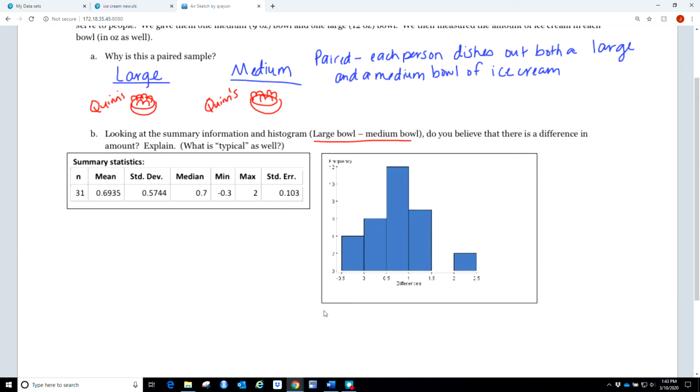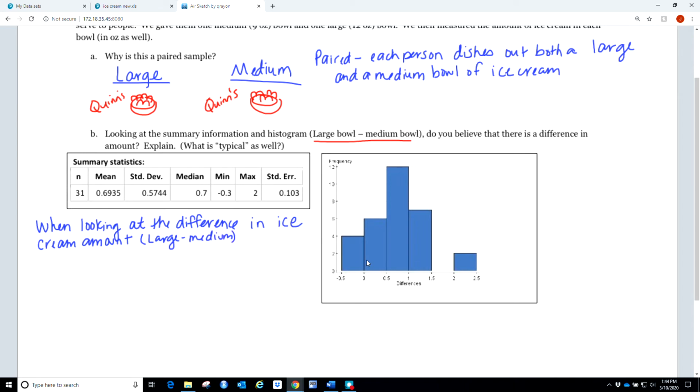So let's first describe shape after we get the context going here. So when looking at the difference in ice cream amount, and again, we did large minus medium.